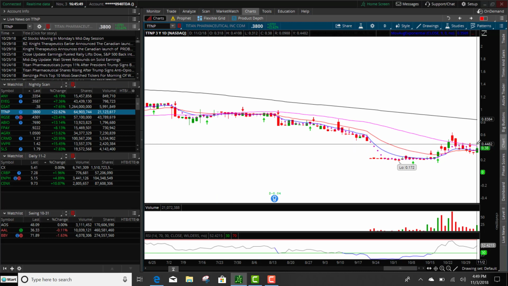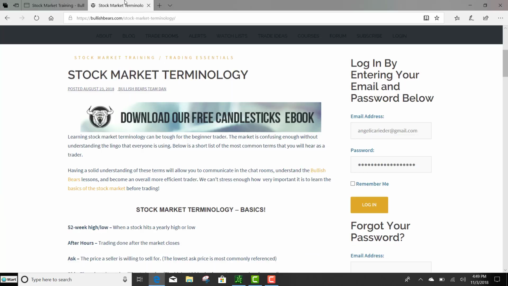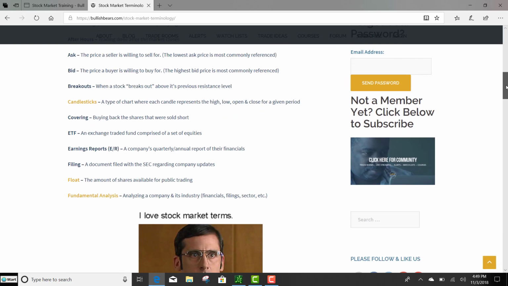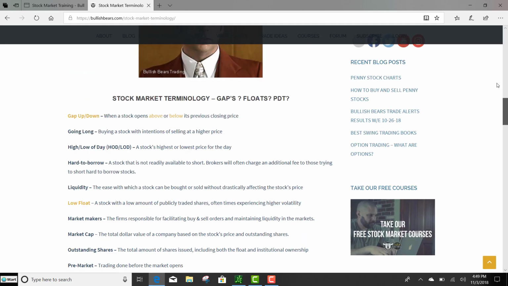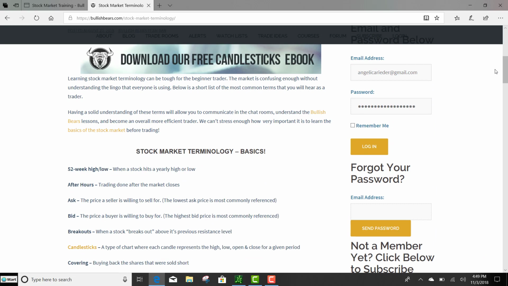So these are just some of the stock market terminology for you guys. If you want to read it in written form, we have a blog post here, and you can read about all of these different terms, and it's especially great if you're new. You can print it out, bookmark it, save it if you need to reference something like the bid-ask spread.